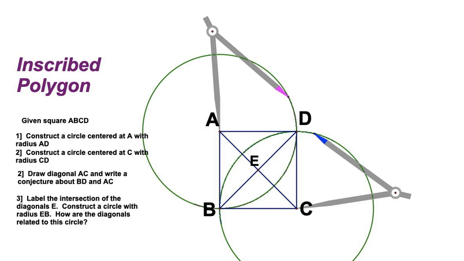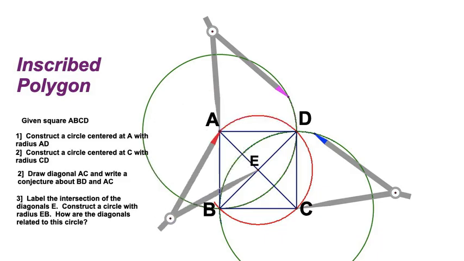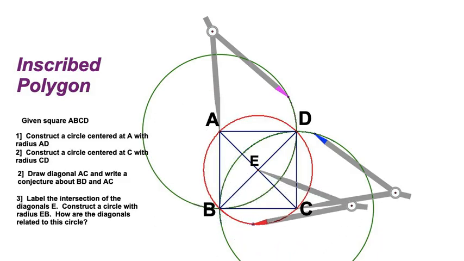We'll call it E, because E tells us something about these points. If I were to put the needle on E and gap it to any one of those vertices, I would see right away that this polygon is inscribed in a circle, which is really cool.